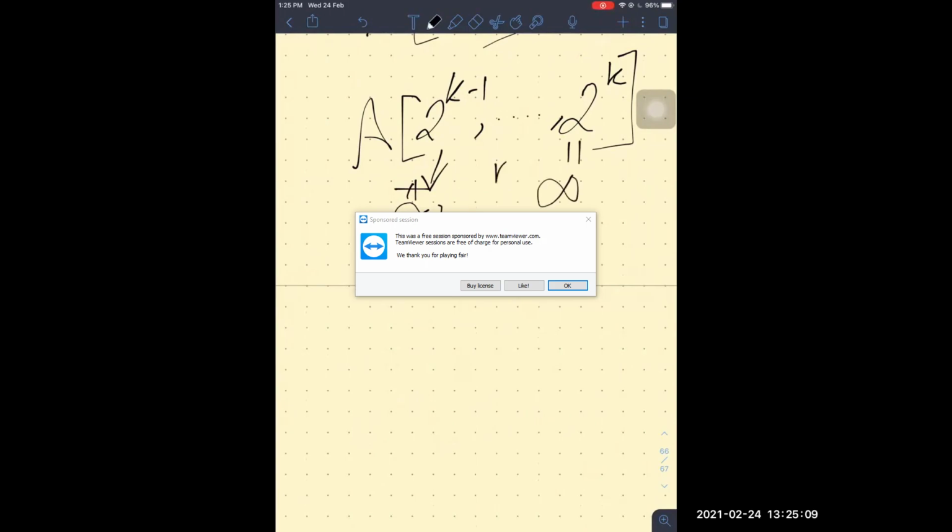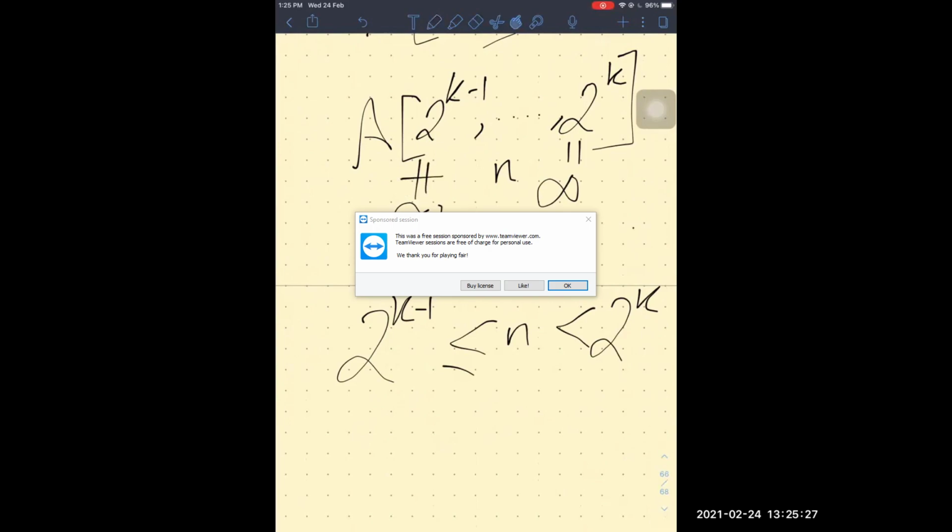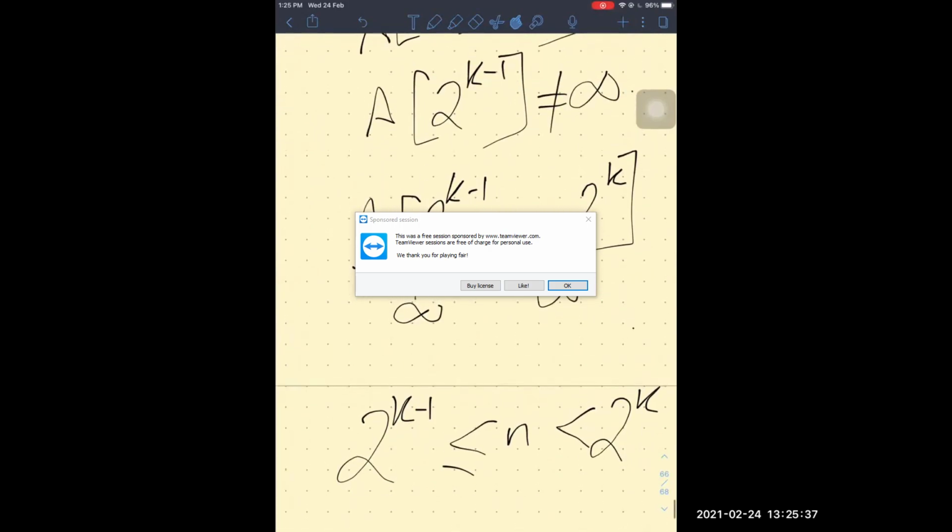So n must lie somewhere between 2 to the power k minus 1 and 2 to the power k. Is it clear what we are doing here? Any question, guys, from this part? Any confusion?